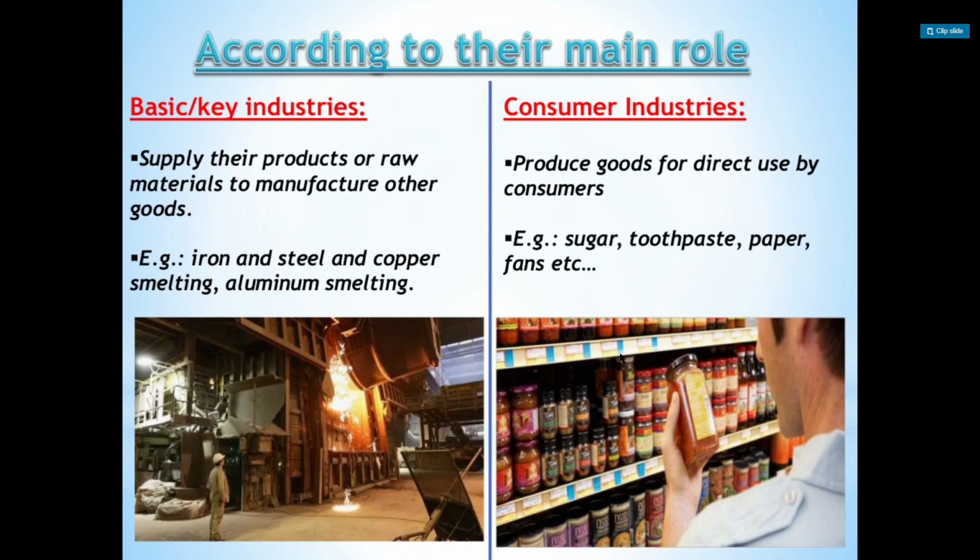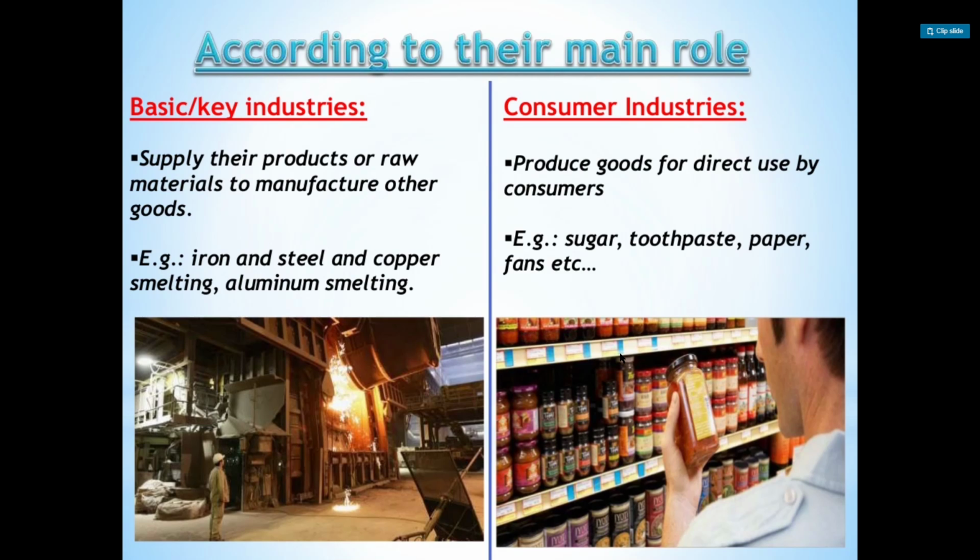For example, iron and steel, copper smelting, aluminium smelting will come in basic or key industries.